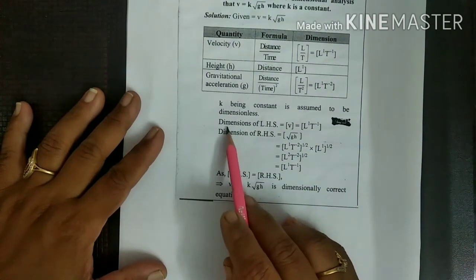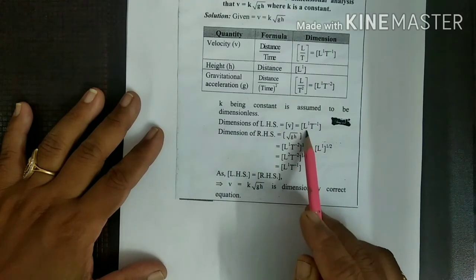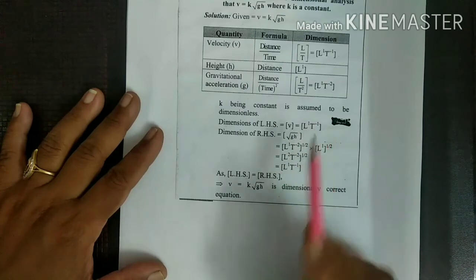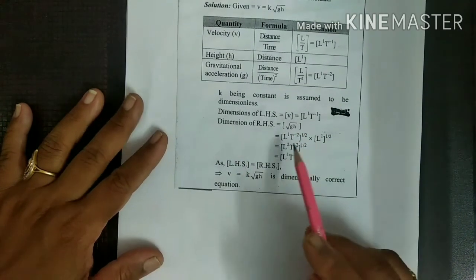Okay. Therefore dimensions of LHS is equals to v is equals to L raised to the power 1, T raised to the power -1. RHS is equals to under root of gh.